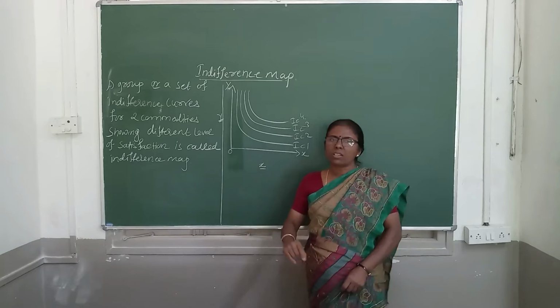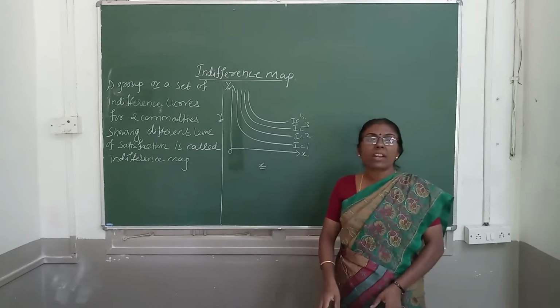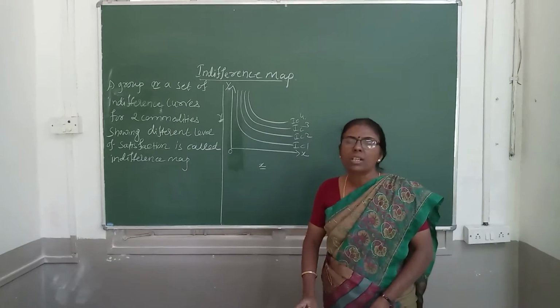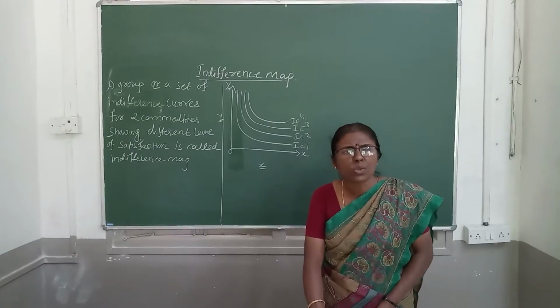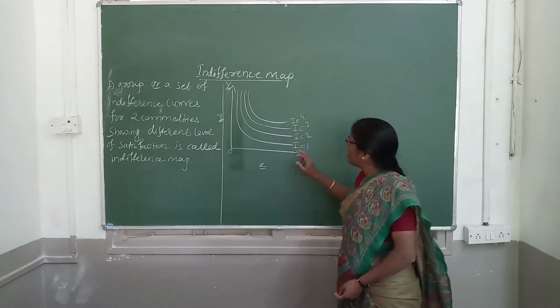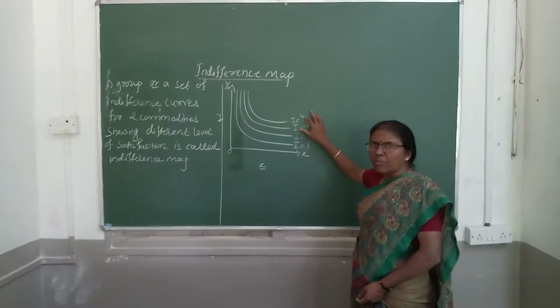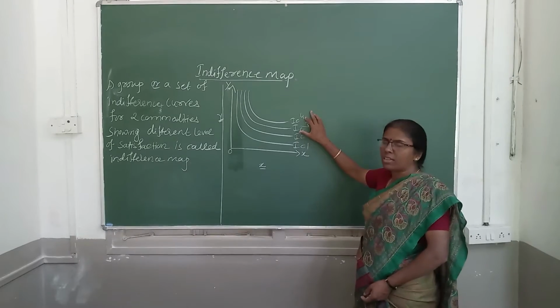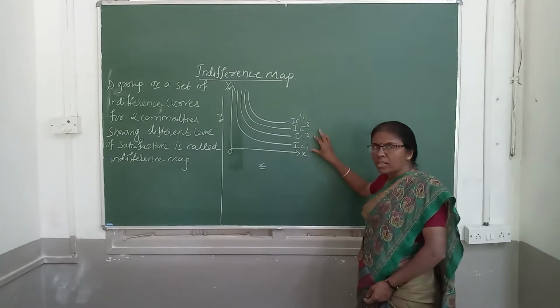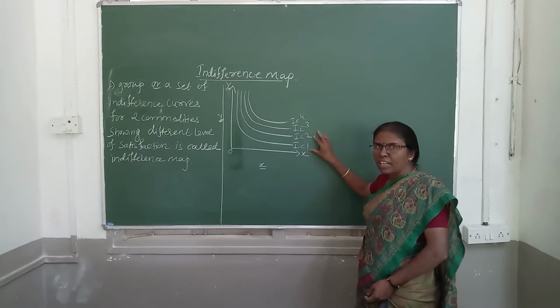And dear students, remember here, each and every consumer tries to give preference to a higher level of satisfaction. Definitely. That means we prefer indifference curve 4 always. If 3 are there, we prefer the highest one. If only 2 are there, we prefer the second indifference curve.